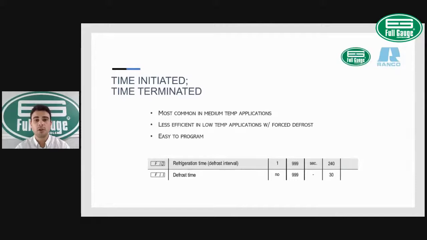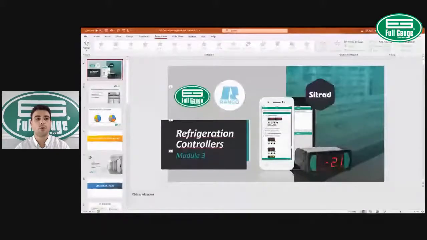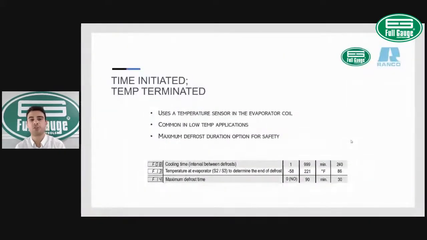Commonly, our defrost will be time initiated, temperature terminated. In this case, we're going to be using a temperature sensor in the evaporator, and that sensor will determine the end of the defrost cycle. This is very common with medium temp as well as low temp applications, but mostly in low temp freezer applications.